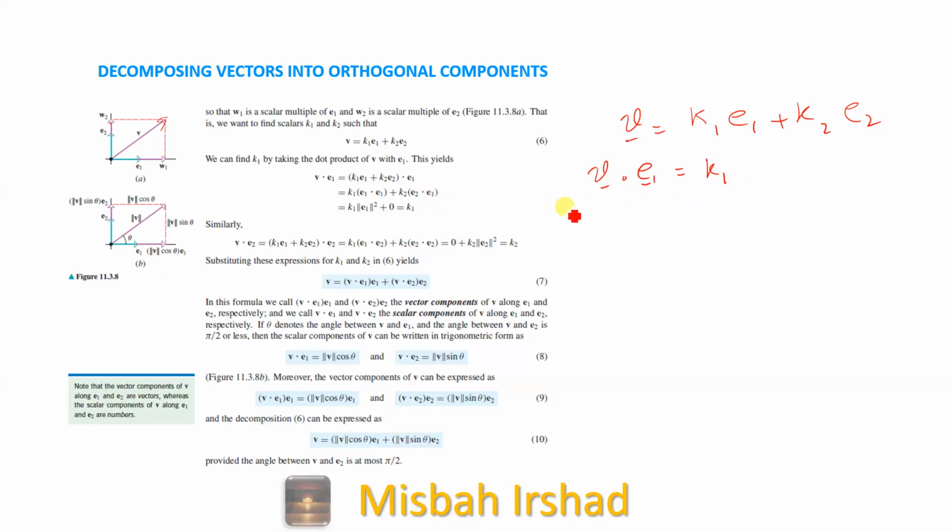Similarly, we can prove that k2 is equal to v dot E2, and just plug in the values into this expression. We have v equal to (v dot E1) E1, where v dot E1 is a scalar and E1 gives the direction, so this is a vector, plus (v dot E2) E2.